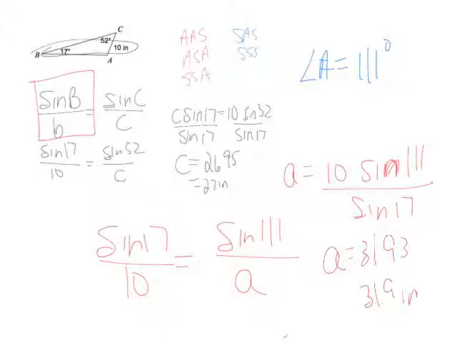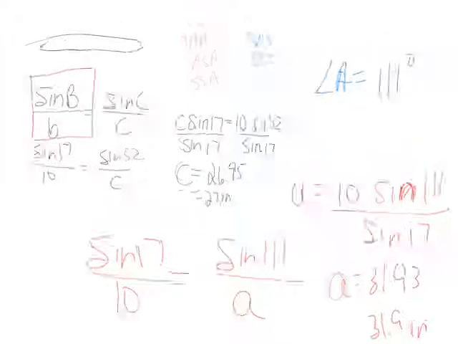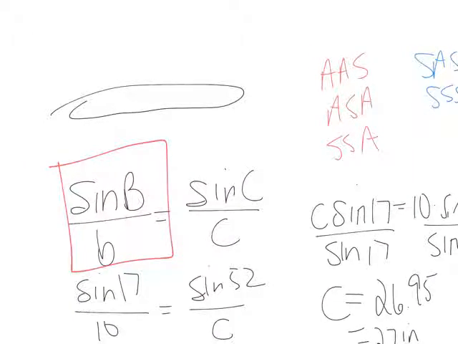Then ultimately, you can put everything on your triangle again and just double check. Let me blow this up so we can go back. Across from the biggest angle, which was 111, we should have the biggest side, which was 31.9.